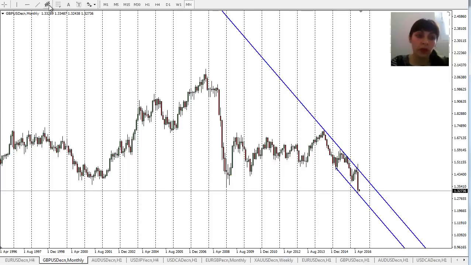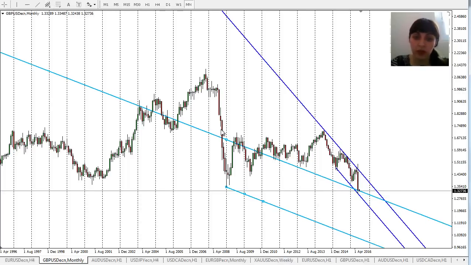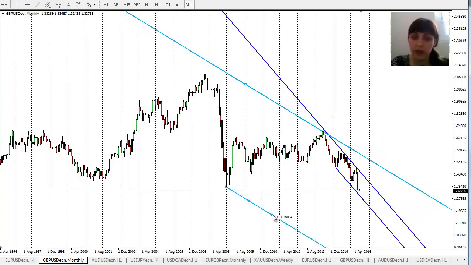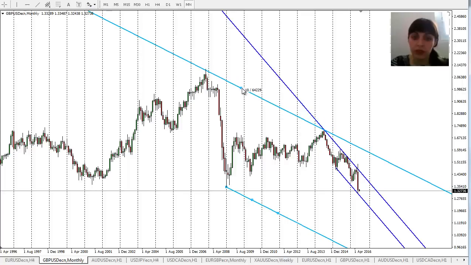So what we can also see is that very big downtrend channel. If we're thinking that the pound actually is going down, then we have really that big downtrend channel.